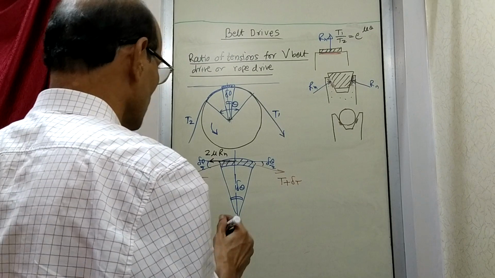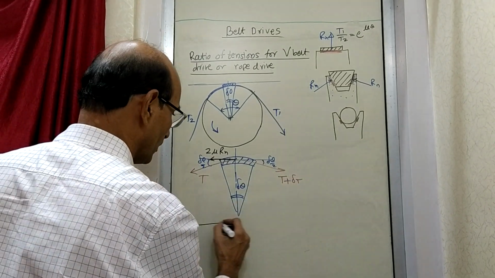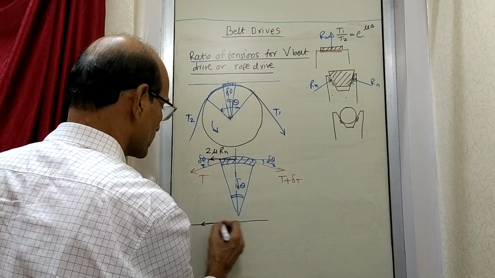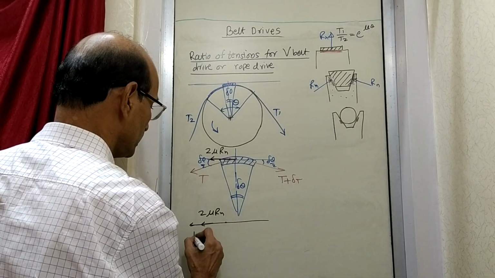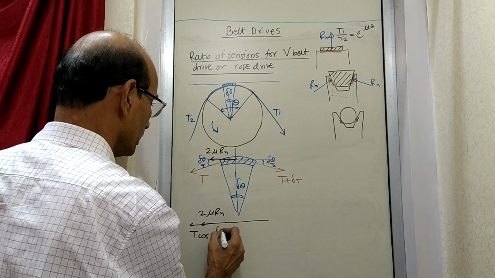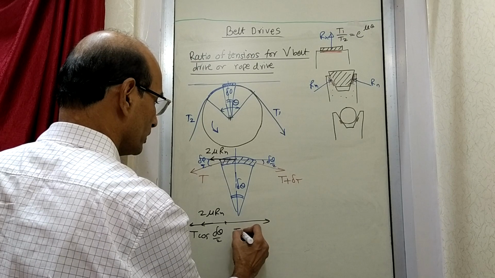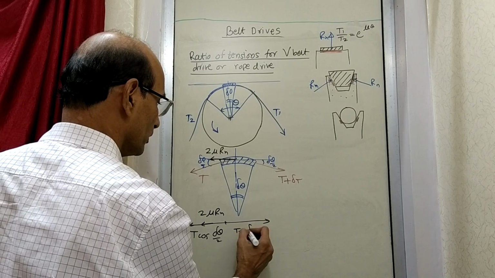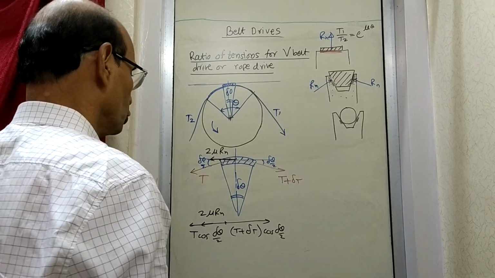So under such condition, now we will write the equation of equilibrium. If I draw a line diagram, then this is 2 times mu Rn, then this is T cos delta theta by 2, and on this side it is T plus delta T cos of delta theta by 2.